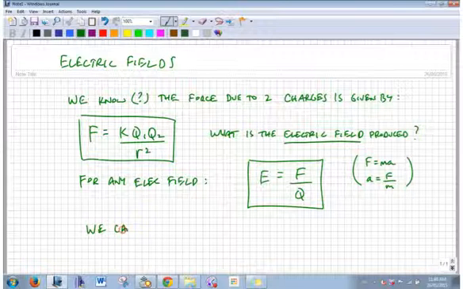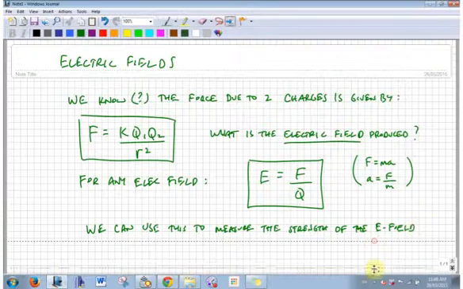So we can use this to measure the strength of the E field or electric field.